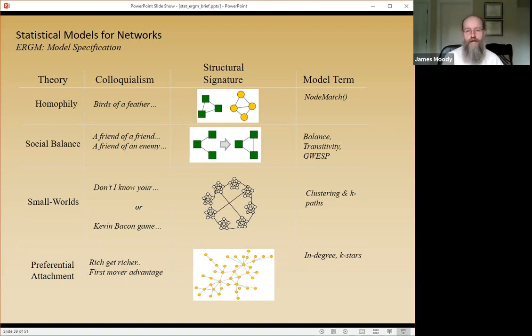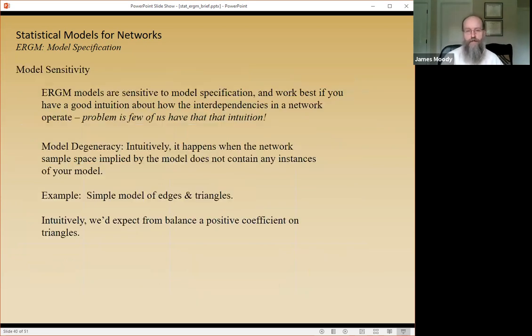That's a closed triad effect. It turns out the actual closed triad doesn't work very well, so we use something called the GWESP, and I'll talk about that in a minute. But the point is, you can think about lots of different terms for lots of different social processes, instantiated as patterns on the graph, and that's the kind of thing you want to put into your model.